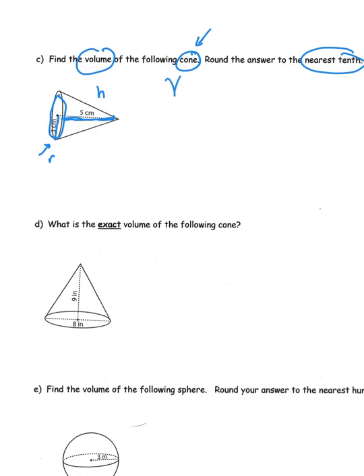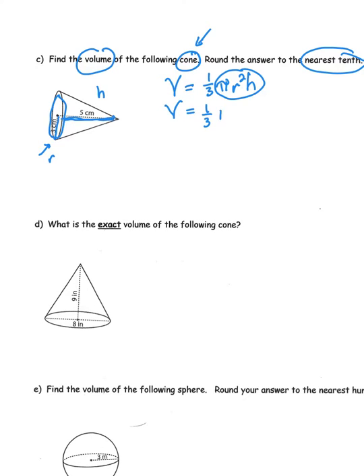The volume formula is volume equals 1/3 times pi times r squared times height. It looks like this part of the formula is what the cylinder was, and 1/3 of it would be a cone. So just like the other formulas, we're going to substitute for the variables.